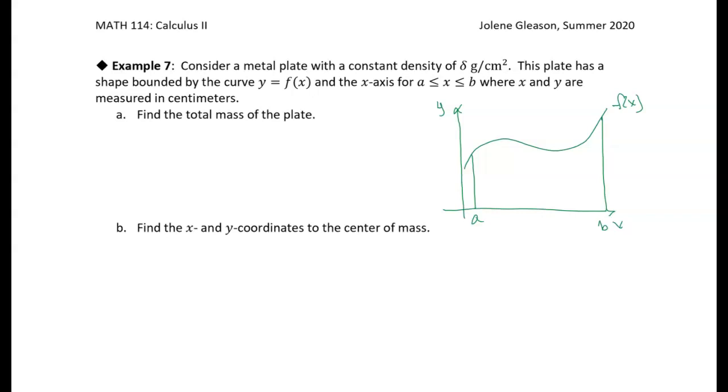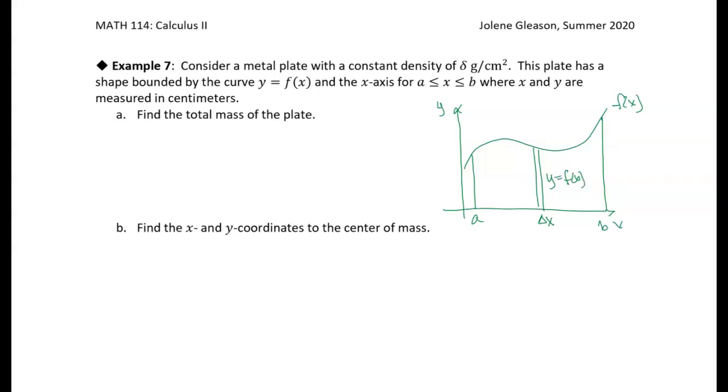Now this is really nothing different, right? We're going to basically look at slices. So we have slices that are delta x wide and y tall. Now y is equal to f of x, so I can just write that down.